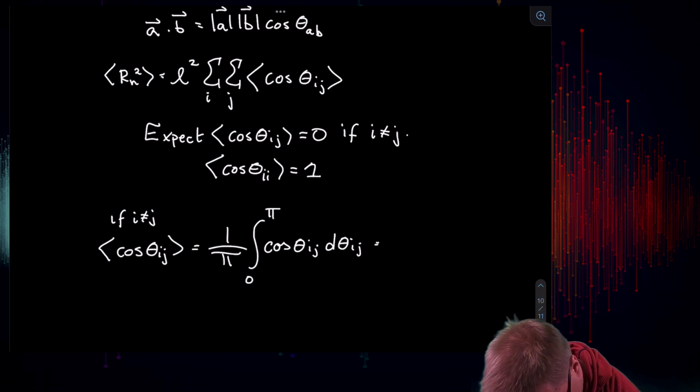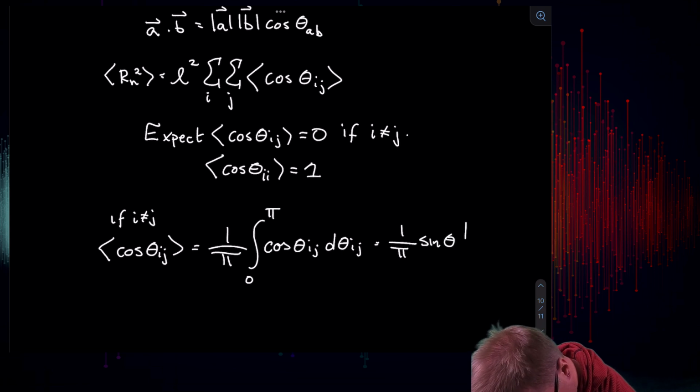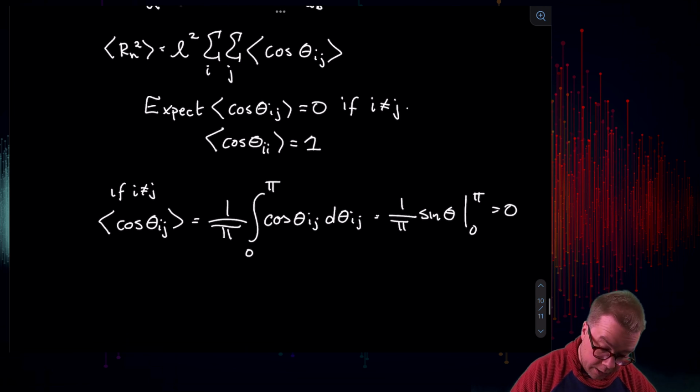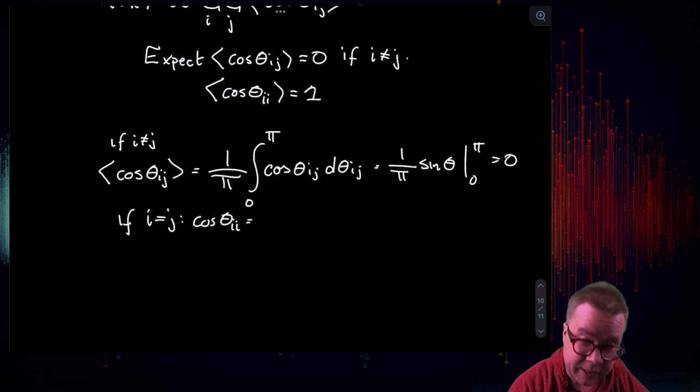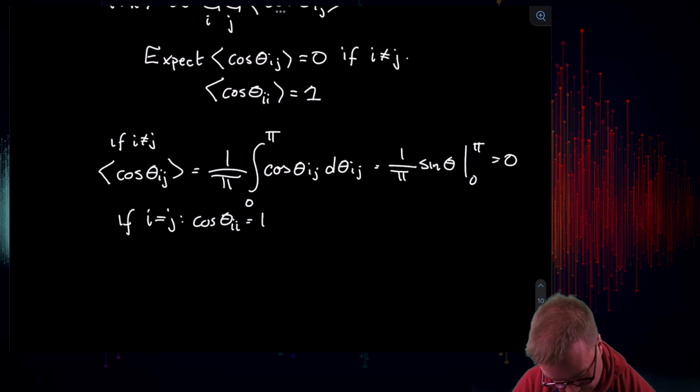And so what you're going to get is 1 over pi, that doesn't matter, sine of theta from 0 to pi equals 0. Unless j is equal to I, then the cosine of theta ii would be the cosine of 0, and that would give you 1.